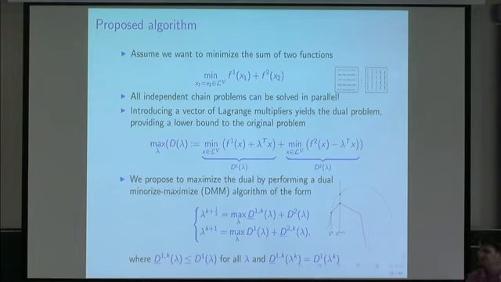That's easy to solve. And the idea is now that we first approximate the first function, d1 of lambda, with a simpler function, such that the sum of both can be solved easily. And then we do it vice versa. We approximate the second function with a simpler function, and such that the sum of two functions can be solved.